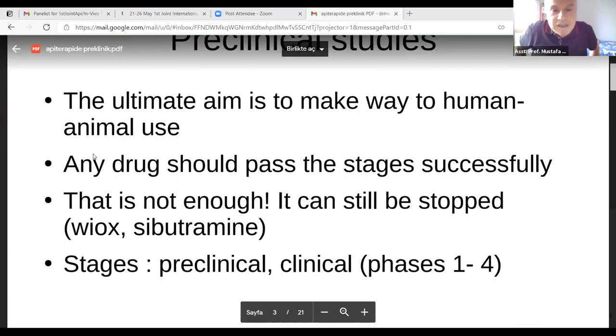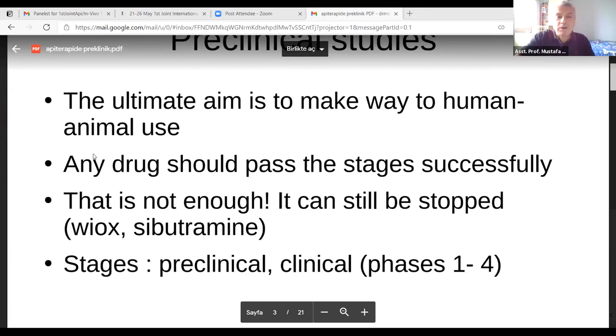Even passing all those stages is not enough for some drugs. For example, I wonder if many of you remember Vioxx or sibutramine. One was about losing weight, the other was an anti-inflammatory drug. We found later that they are not good, actually, so they are not in use anymore.